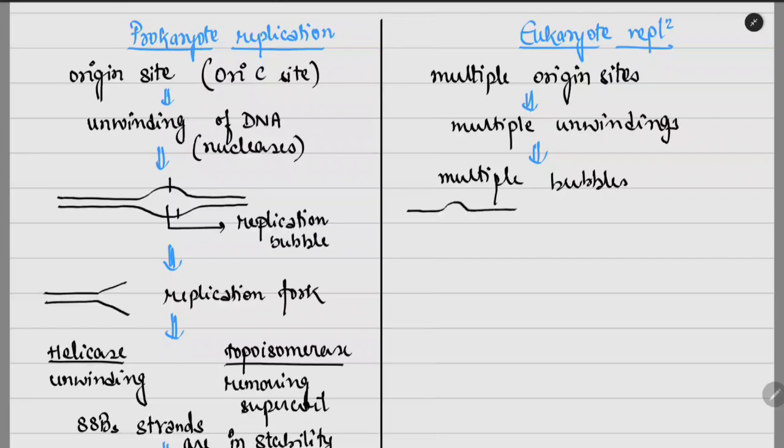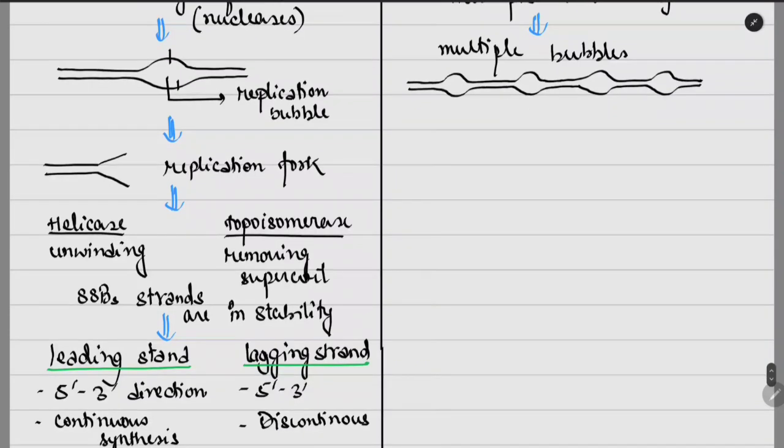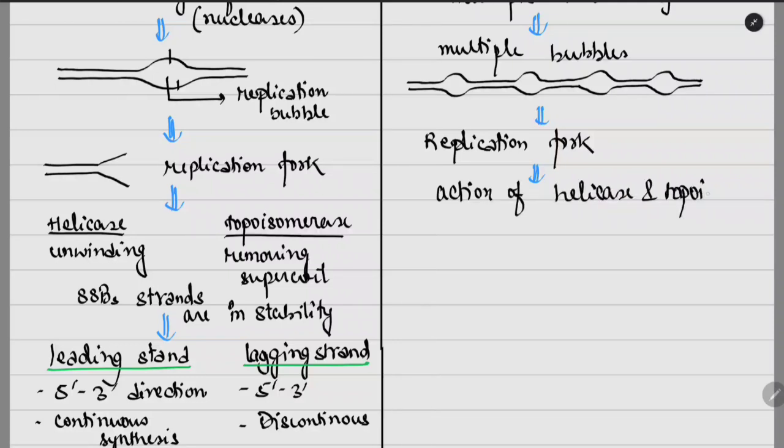Some diagram I should make here like this, and it goes on. Multiple replicating bubbles. Now again, here is the presence of the helicase and the topoisomerase. They are helping in the replication process, as I said earlier. Now similarly here, replication fork, and then the action of helicase and topoisomerase.